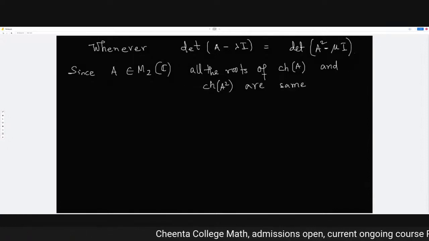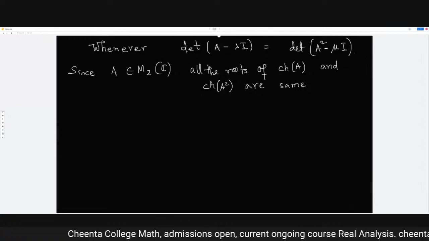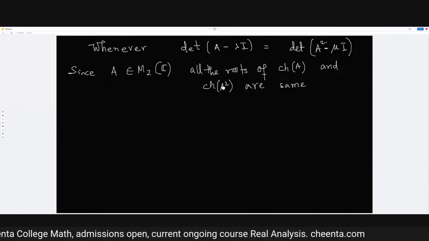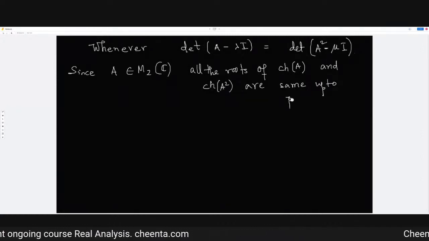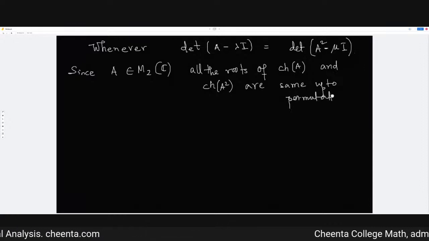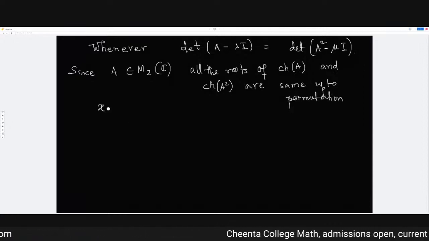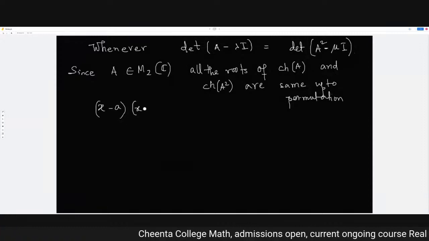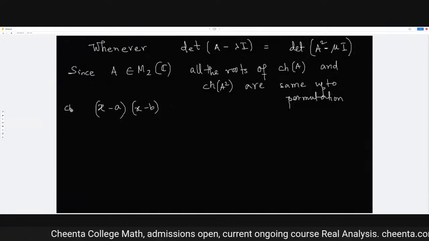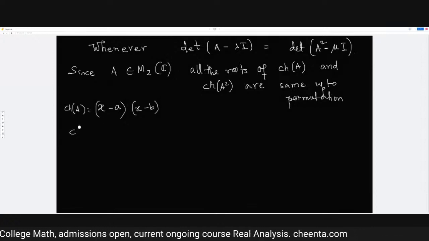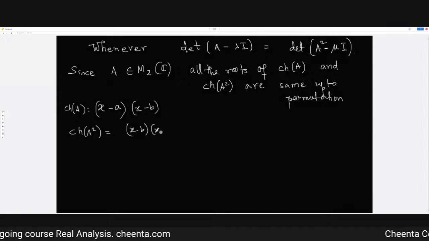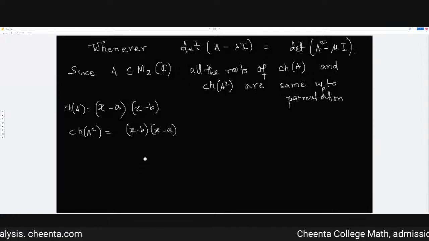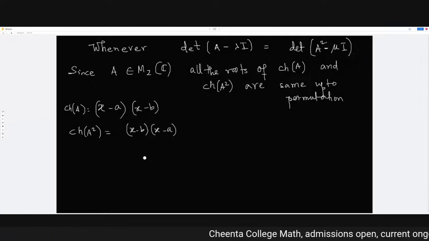This is what we get, and all the roots are the same up to permutation, of course. Up to permutation means that if you have, let's say, x minus a into x minus b as the characteristic polynomial of A, then the characteristic polynomial of A square might be x minus b into x minus a. There will always be a factorization since we have complex entries.